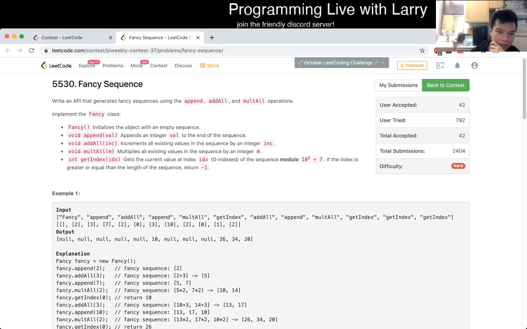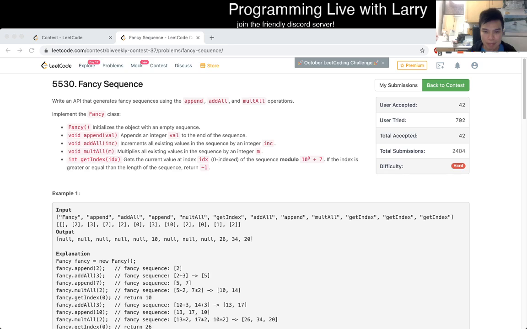Also if this is segment tree, I would be unhappy. What?